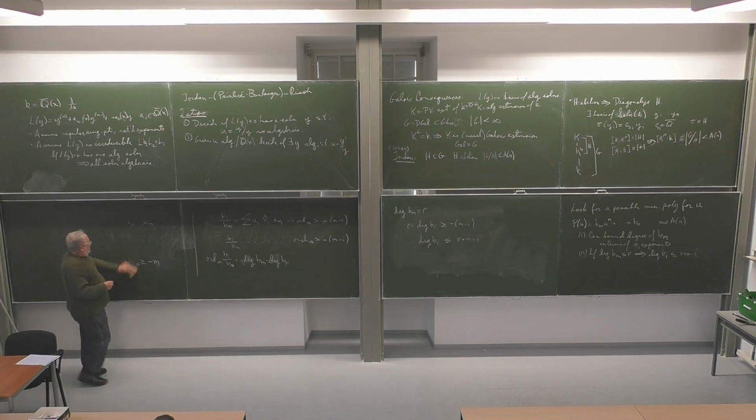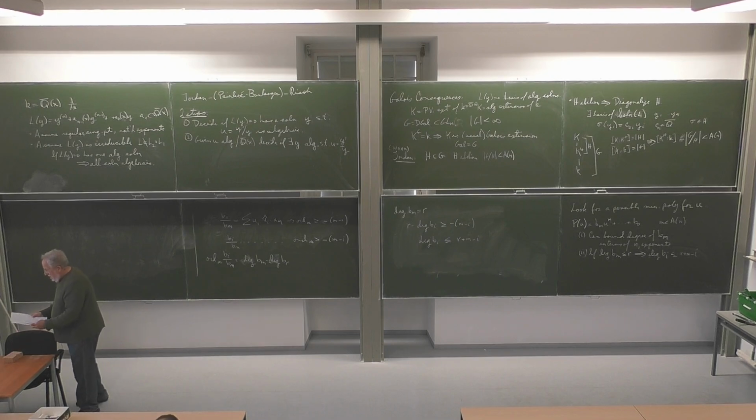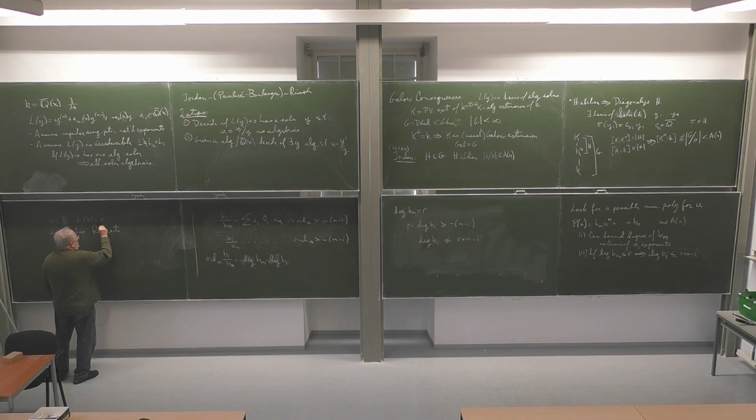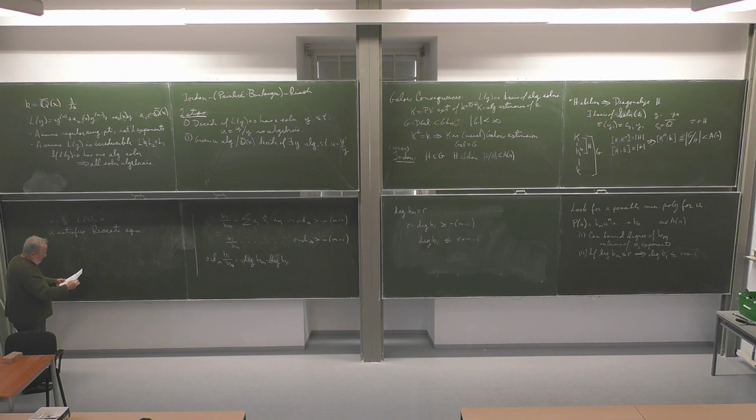So what do we do? Let me take a little detour. If I have u equals z prime over z, L of z equals 0, u satisfies what's called the Riccati equation. I think we all know this, but let me at least say it explicitly.